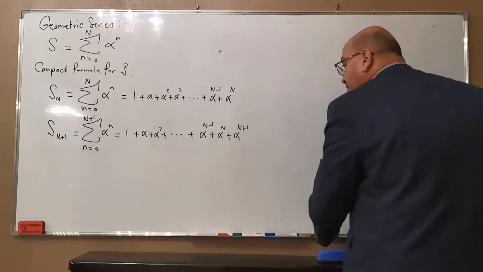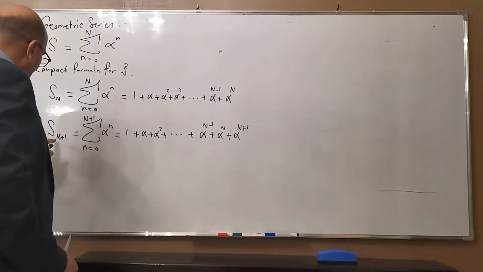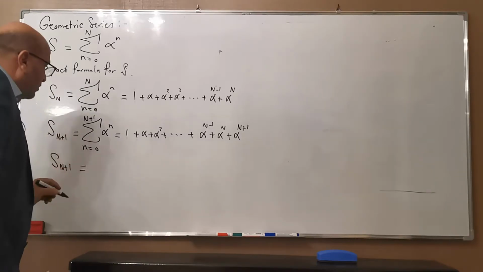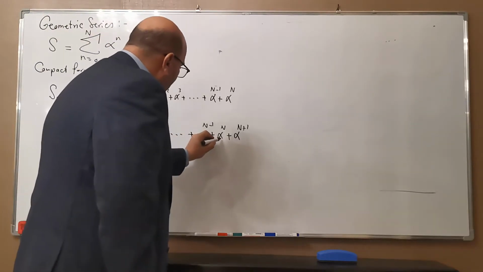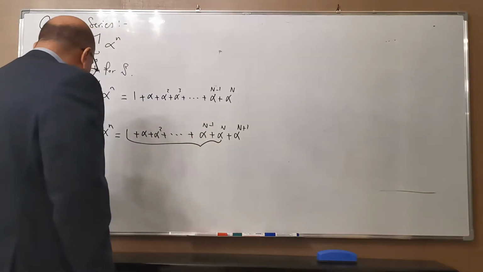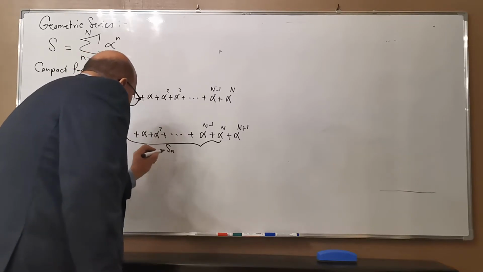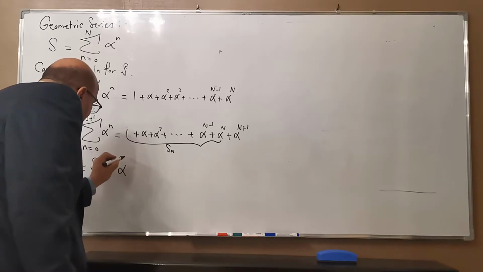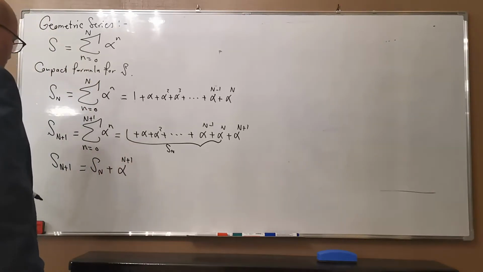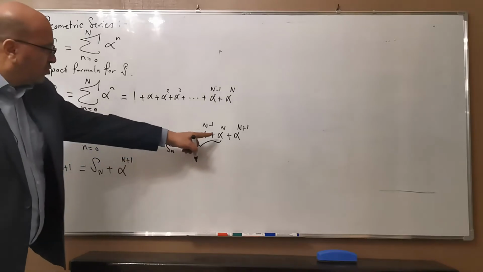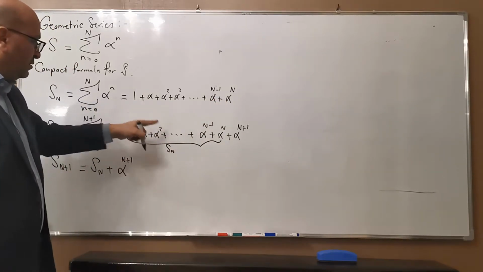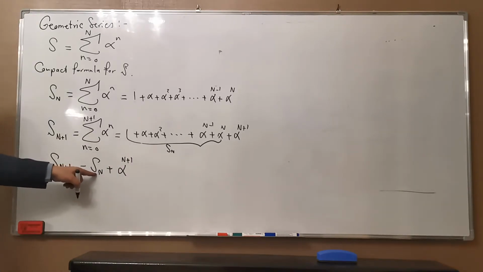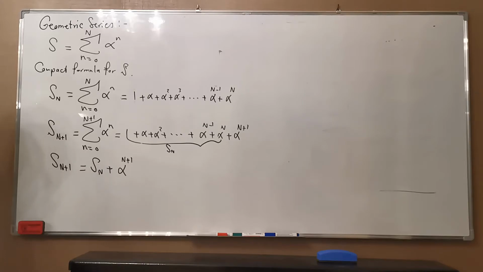First of all, S sub n plus 1 is equal to, notice that this one is S sub n, plus alpha to the power n plus 1. From 1 to n it's the same as this one, so this is S sub n. So S sub n plus 1 is equal to S sub n plus alpha to the n plus 1.